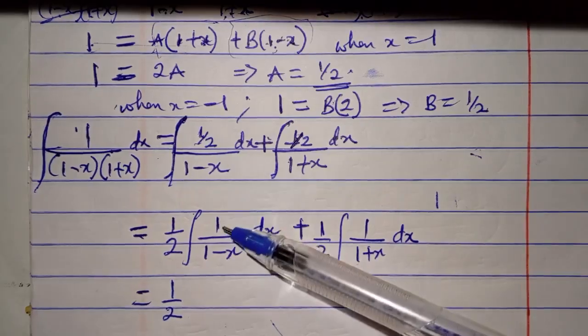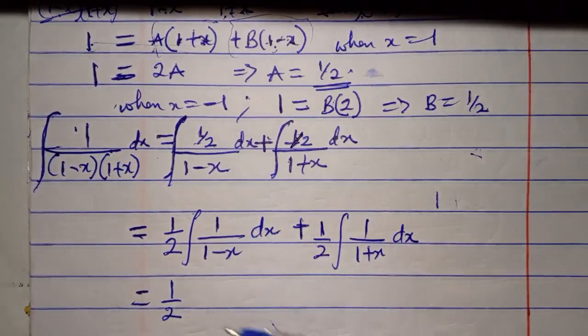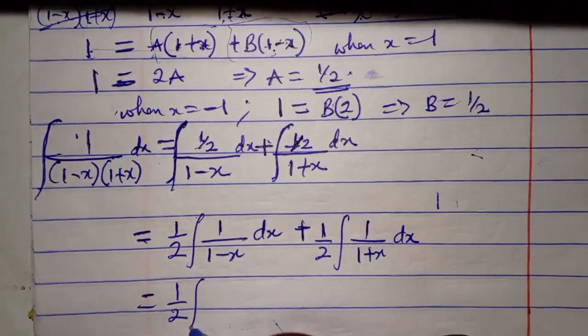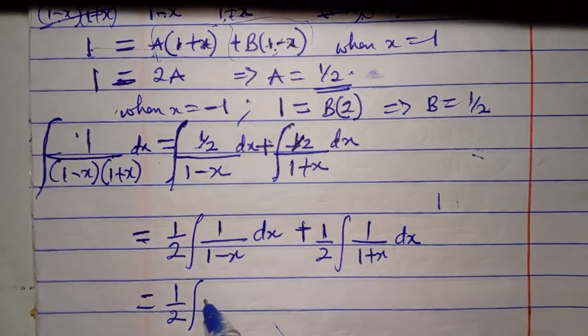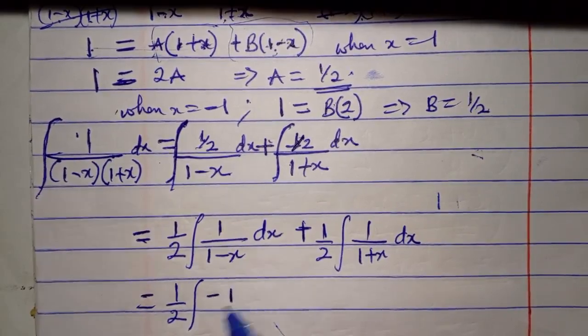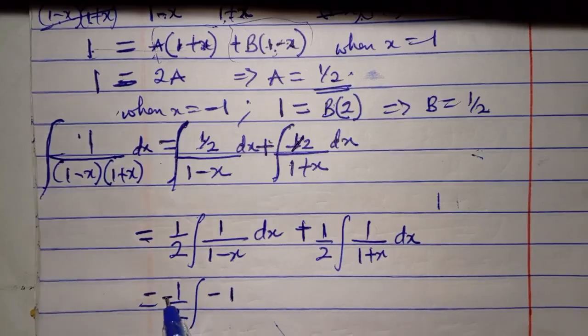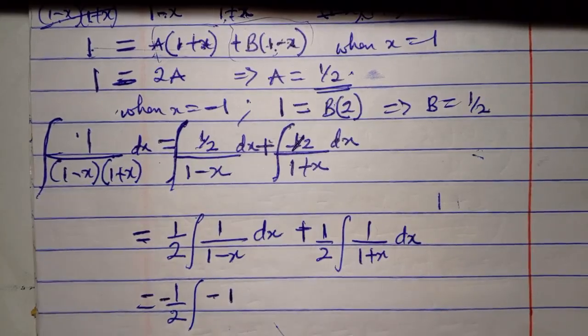So is there a way we can make this plus 1 negative? Of course we can. If I multiply this by minus, I must bring a minus outside, so that minus times minus gives me a plus. It's as if I didn't multiply through by minus.